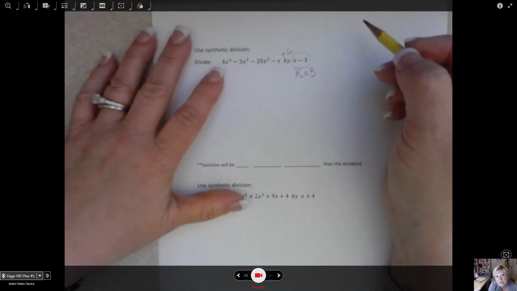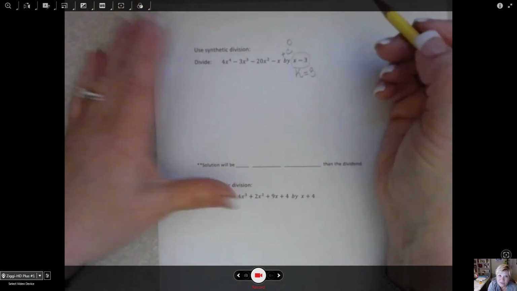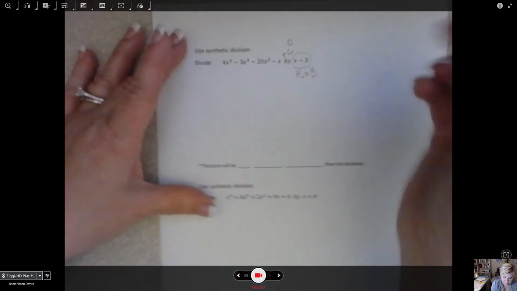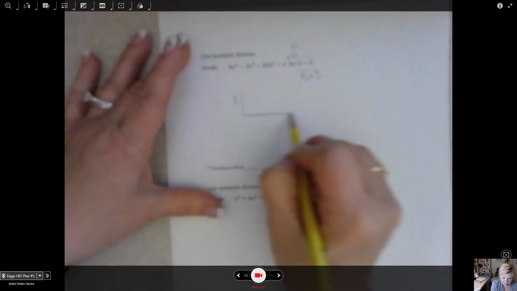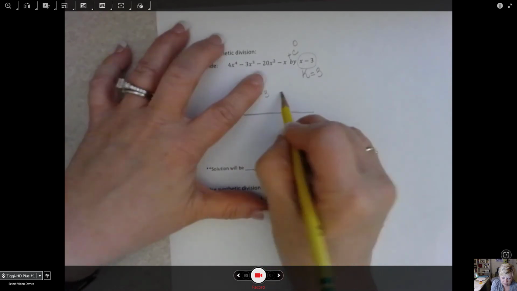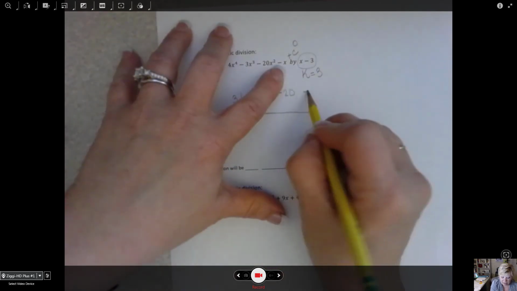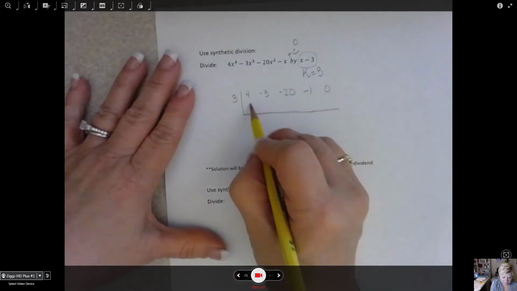So what would we put as a placeholder? We would put 0 because we still need it. Let's see, 3 into 4, negative 3, negative 20, negative 1, and 0 as a placeholder.